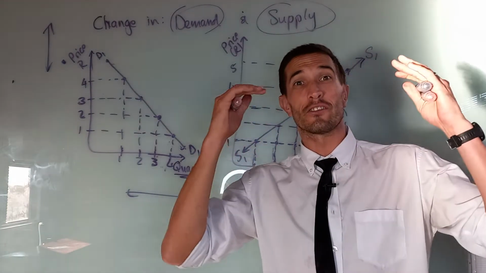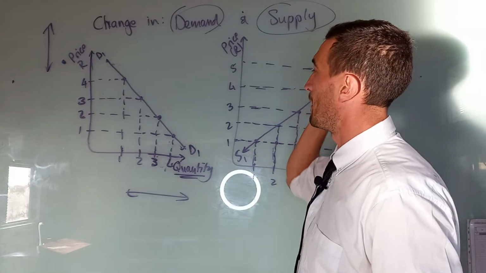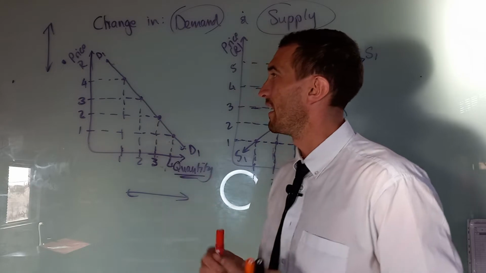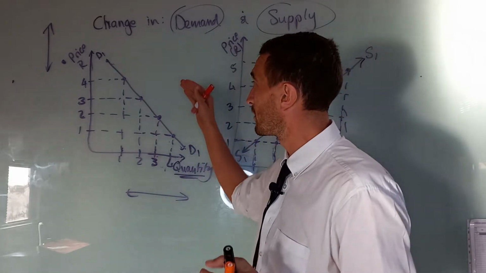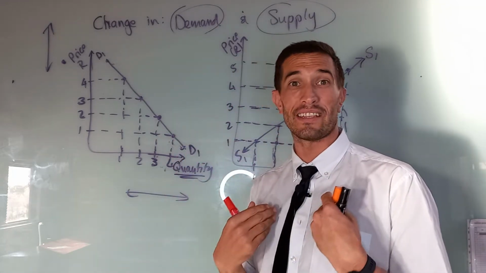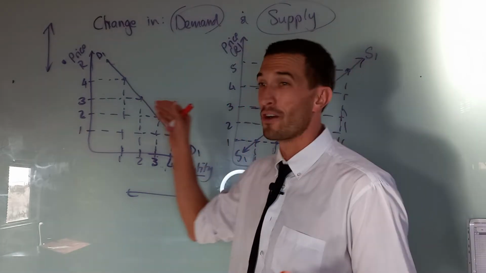Let's look at all the different changes of demand. If there's a change in consumer taste, if there's more people that want to drink coffee, then that has got an influence on it. If the prices of related goods increase, that will create a higher demand for my product. Whereas if the prices for related goods drop, then my product's demand will decrease.